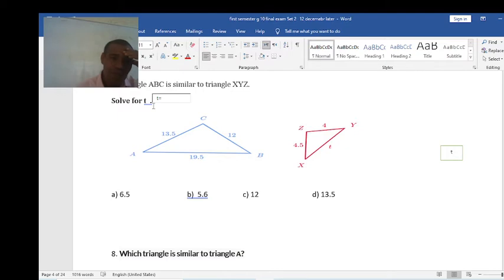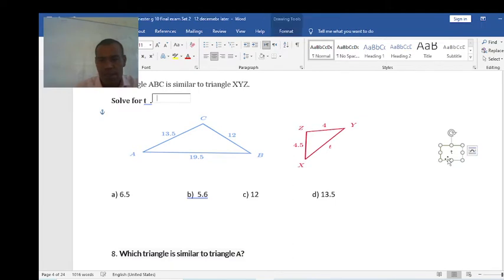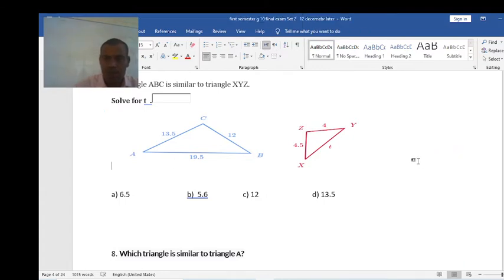The question is: solve for T. Find the value of T. Here, my learners, this is T. I will just erase this one. How can I erase this one? Okay, no problem. Now it is removed.